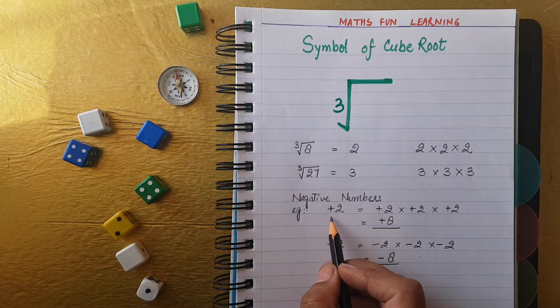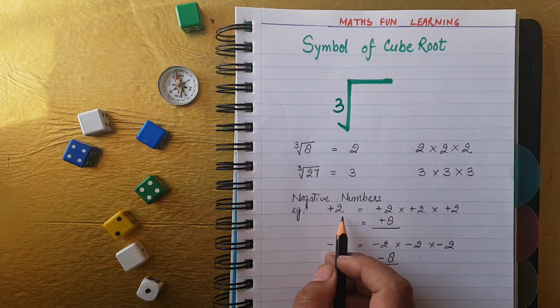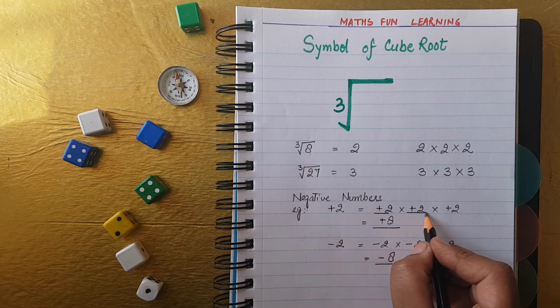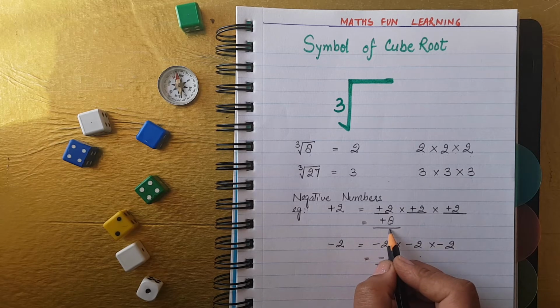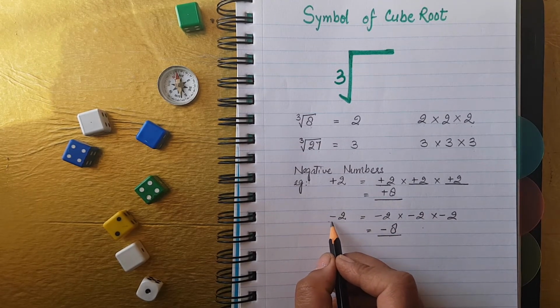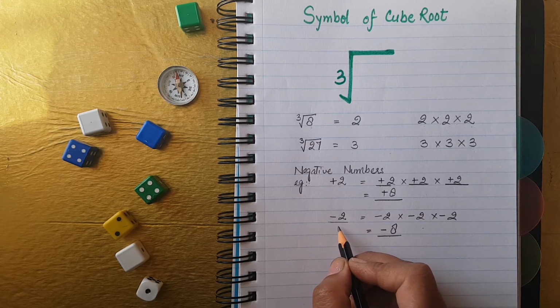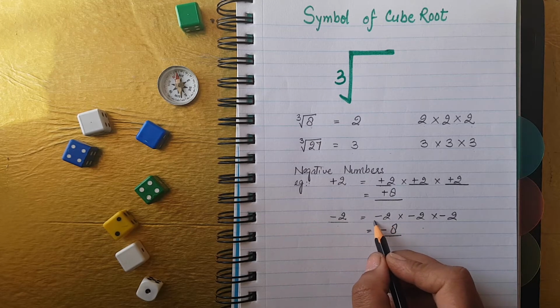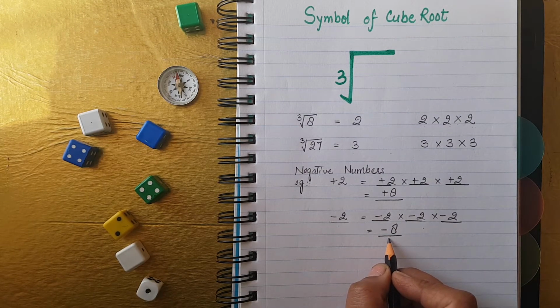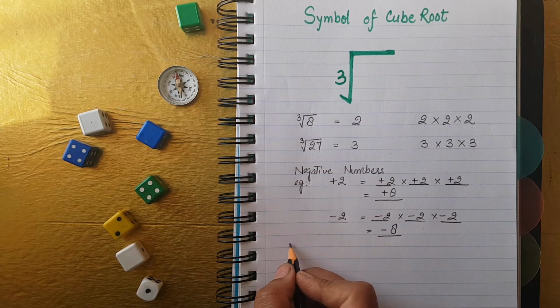For example, positive 2. What is the cube of positive 2? If we multiply positive 2 three times, you can see your answer is positive 8. The cube of negative 2 is, if you multiply 3 times, you will get negative 8.